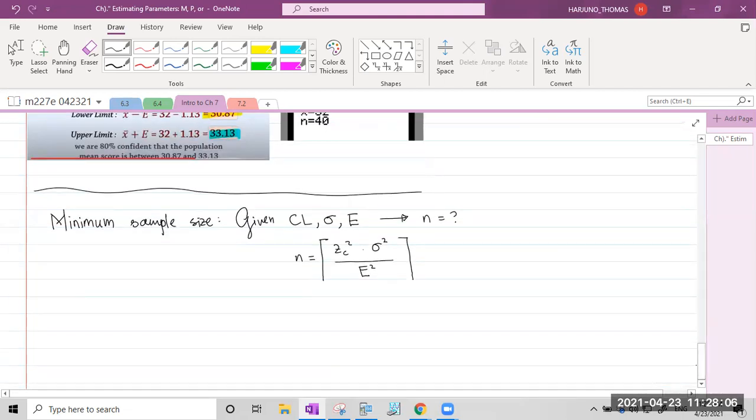Let's say, for example, I will give you only one example here. Unfortunately, we don't have calculator for this.